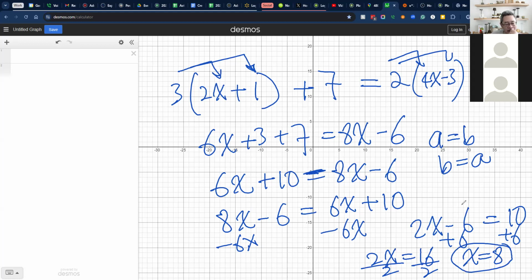Good. Again, the reason they want us to do those kinds of problems is to help us master the properties. It's just like playing any sport.